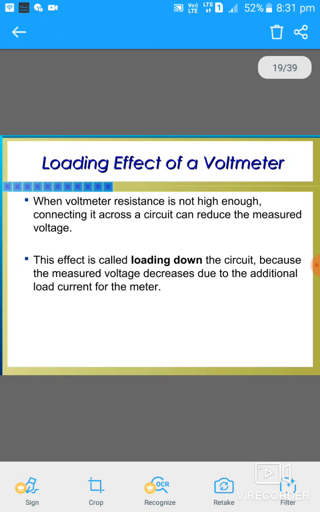Then the loading effect of a voltmeter. Students, when we connect many resistances in series and connect the positive terminal of the battery, the loading effect also increases.